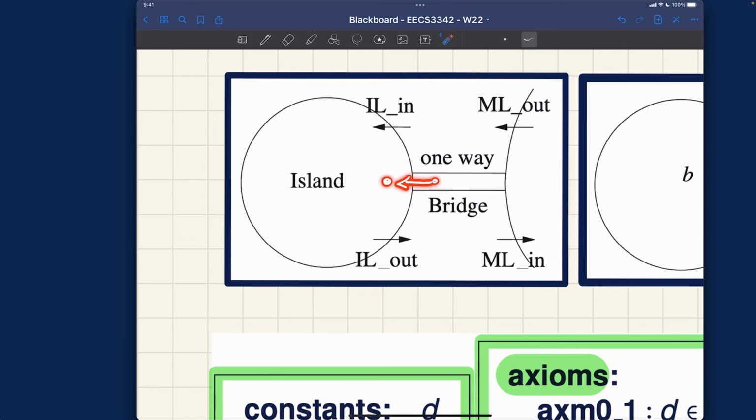That should be represented by one occurrence of ILin into the island. And let's say there is one car in the island, and they want to go back to the mainland. So they want to exit from the island and then get on the bridge. In that case, it will be represented by one occurrence of ILout, right? That's pretty straightforward, right?